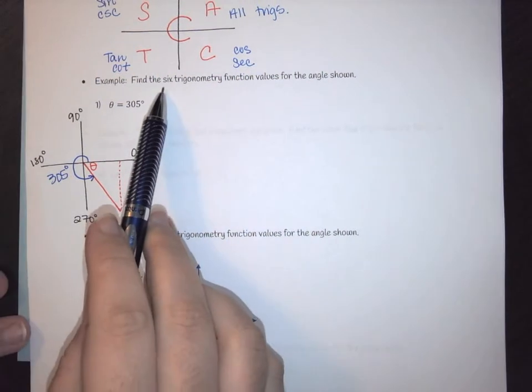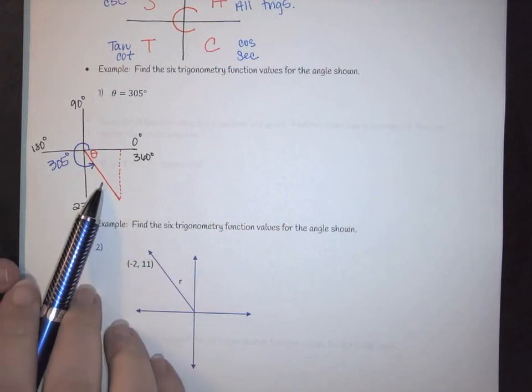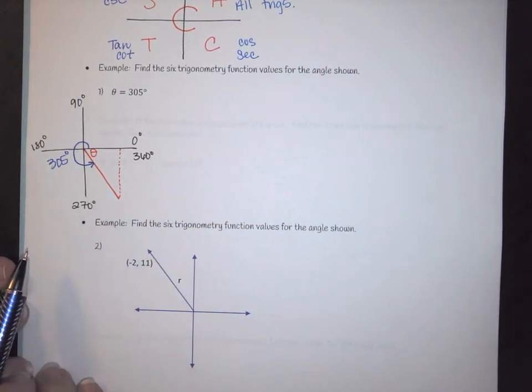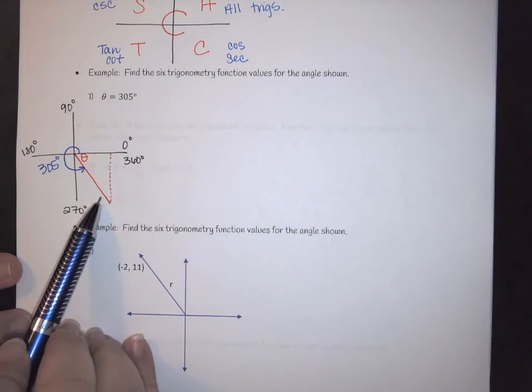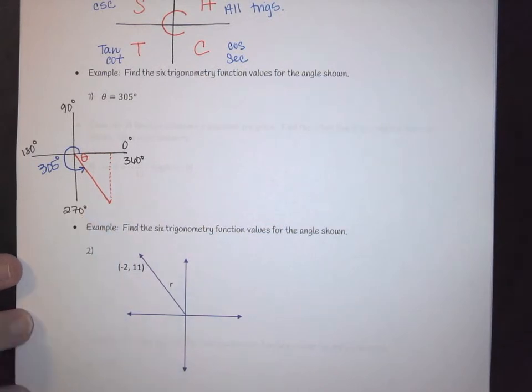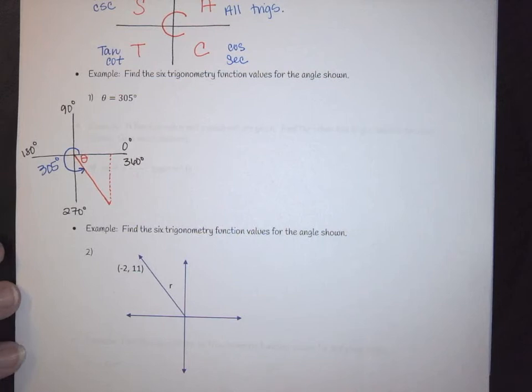In this problem, all we want to do is find the trig functions. Once you know what your angle is, you should have a general idea of which trig functions are going to be positive. I'm in the fourth quadrant here, which says my only positive trig functions should be cosine and secant. Everything else should be negative.